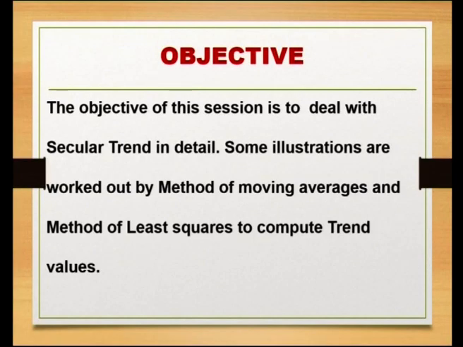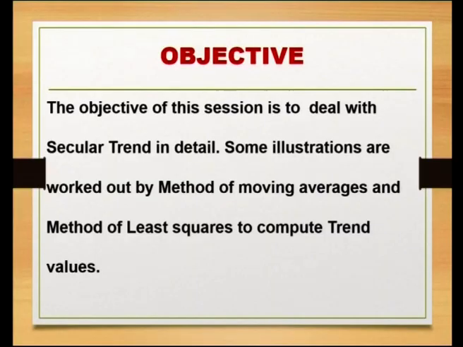Welcome to UGC lecture series. In this session, we are going to study about a secular trend in detail again. In the previous sessions, we talked about economic time series and various components of time series. Methods to calculate the components of time series were also discussed.